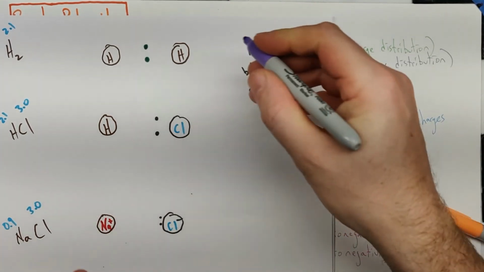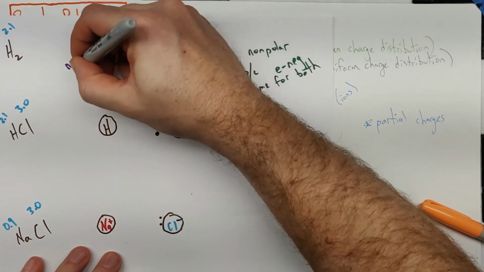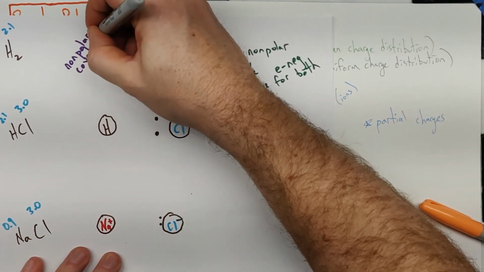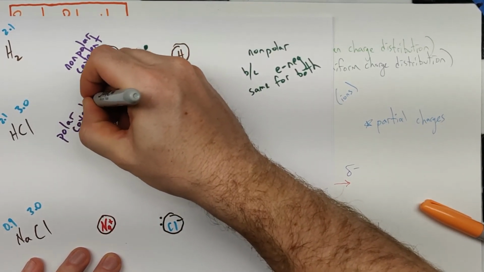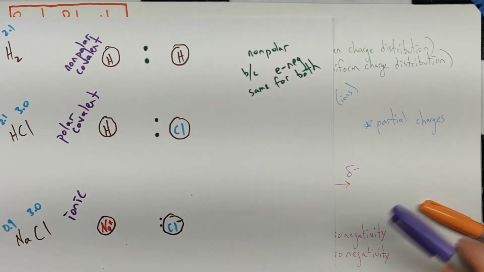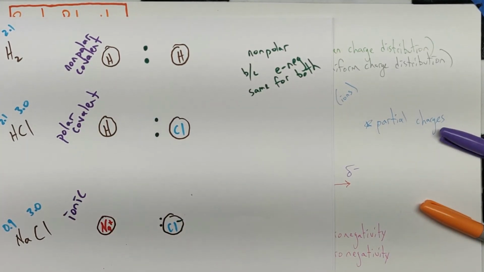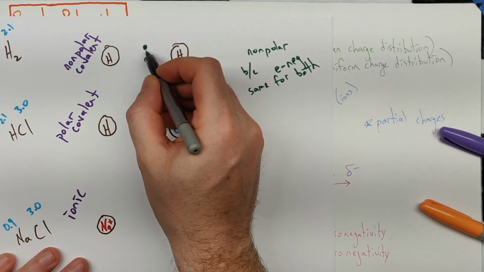Might be useful to write that down. So this is nonpolar covalent, shared equally, polar covalent, and then ionic. And all that's changing is your electron distribution, your charge distribution. And I'll try and draw that in. But in this case, we're looking at the electrons are not locked in place right there, right?